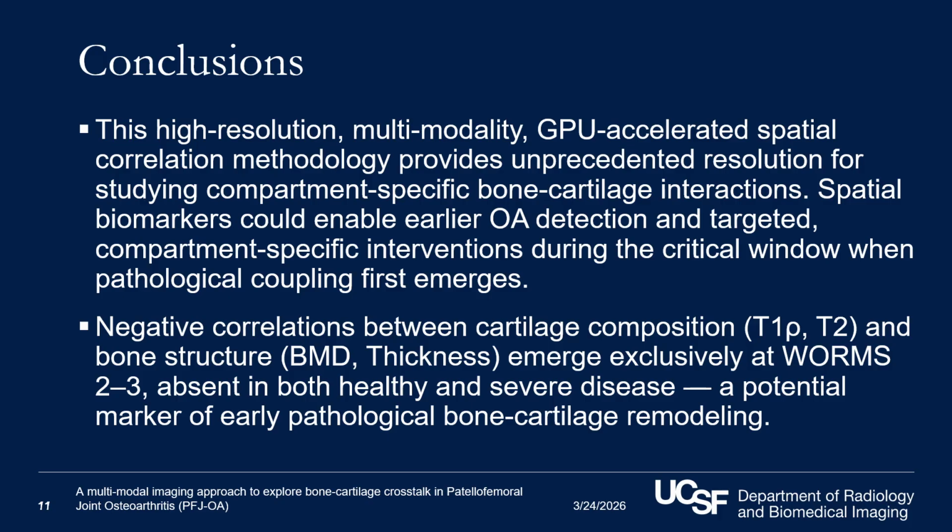Negative correlations between cartilage composition, T1rho and T2, and bone structure, BMD and thickness, emerge exclusively at WORMS 2 to 3, absent in both healthy and severe disease, indicating a potential marker of early pathological bone cartilage remodeling.